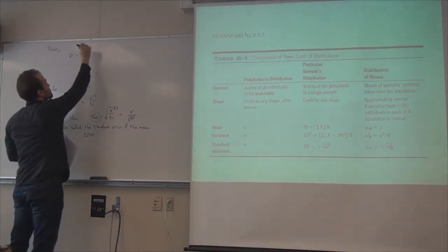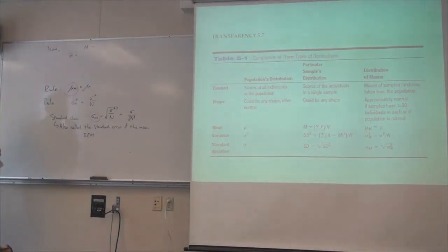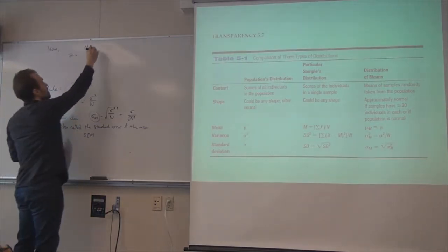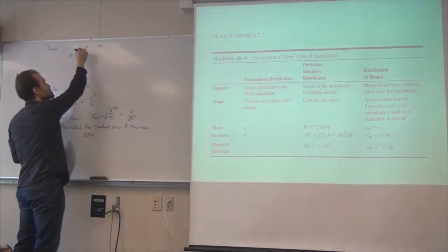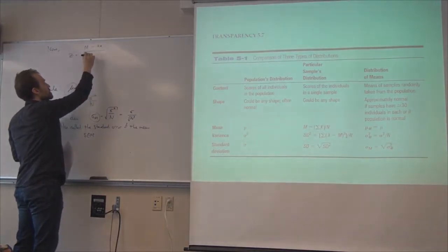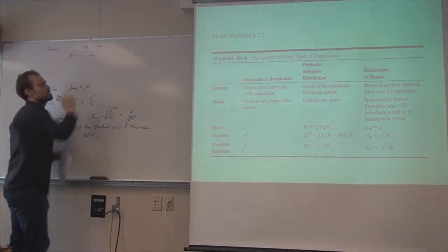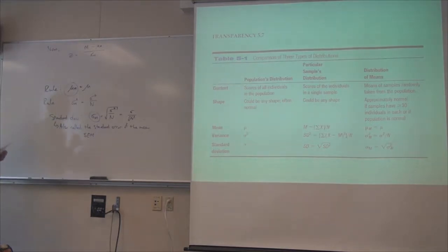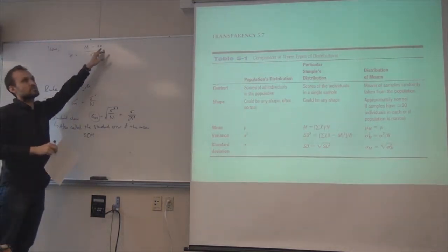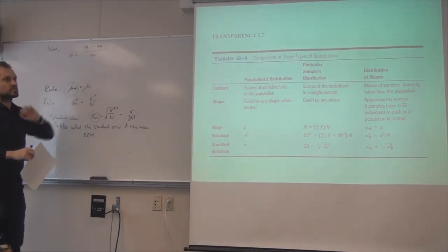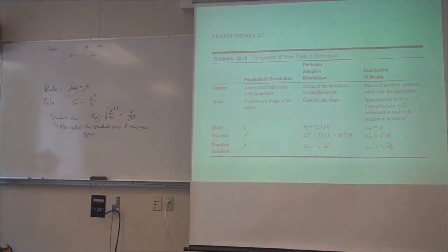So it's going to be the specific sample mean that I get minus the mean for that distribution over the standard deviation for that distribution. So I have to use the distribution in question, which is now the distribution of means. That's really the only thing.